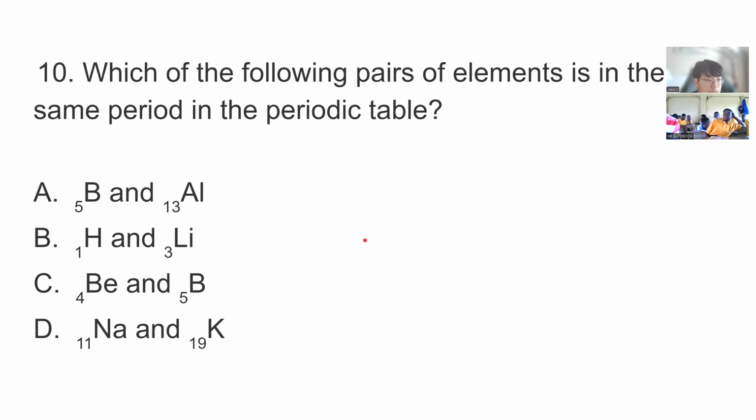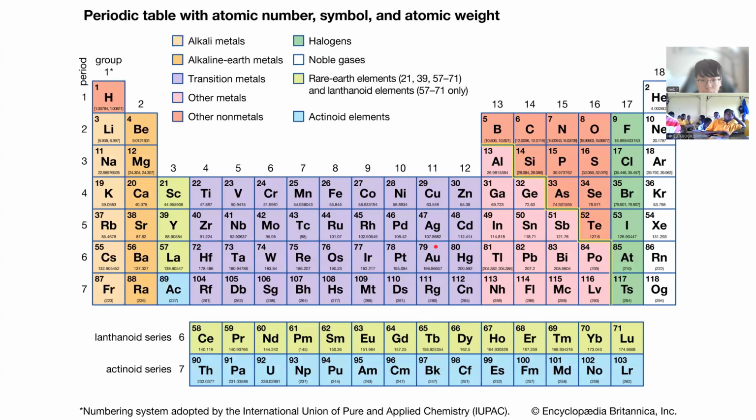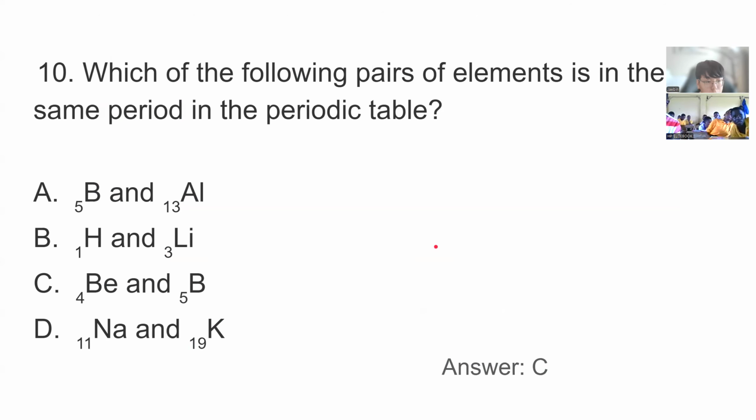It is not B, it is actually C, because if we look at the periodic table, we can actually figure this out by even not knowing the periodic table. What we can do is look at the atomic number. We have first A, boron, which has atomic number of 5.